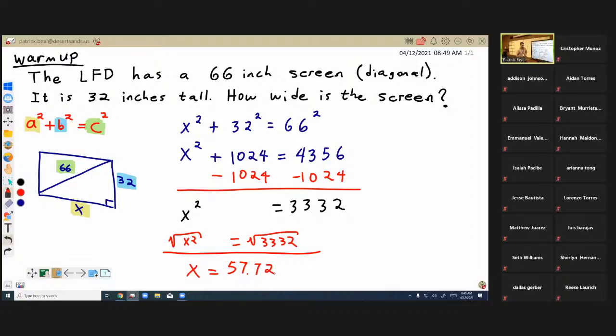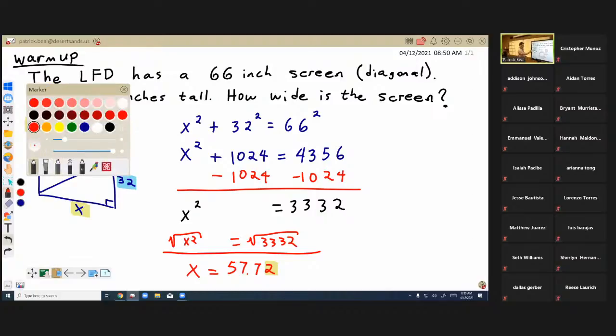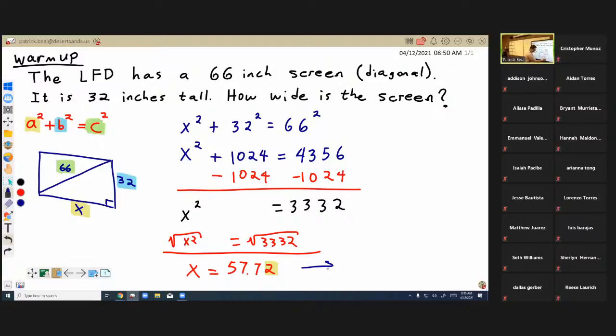Yeah. Okay, cool. Which then would round, if we look at the 2 here, does that tell us to round up or stay? We're just going to stay. So that'll be like 57.7. So that's 57.7 inches.